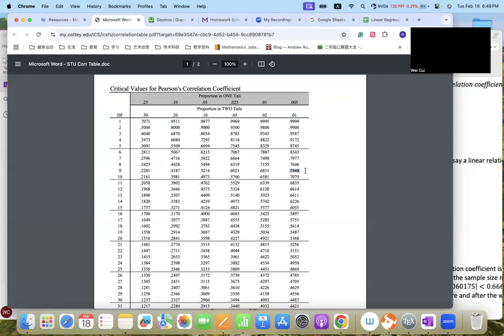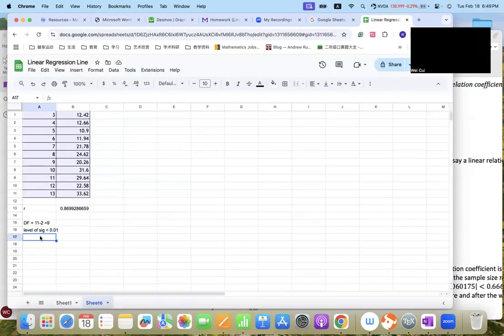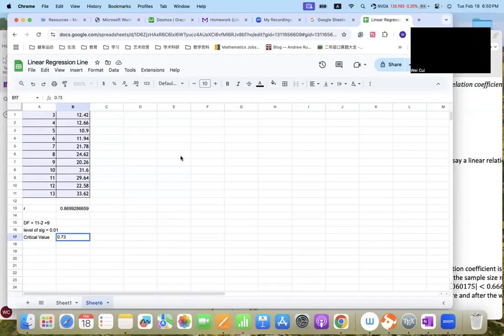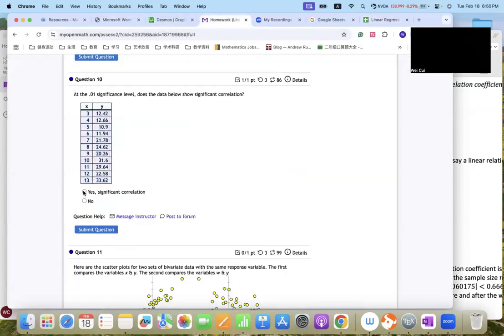So that's 0.7348. So the critical value is 0.7348. Okay. And because R is greater than this critical value, our answer should be yes, there is a linear relation.